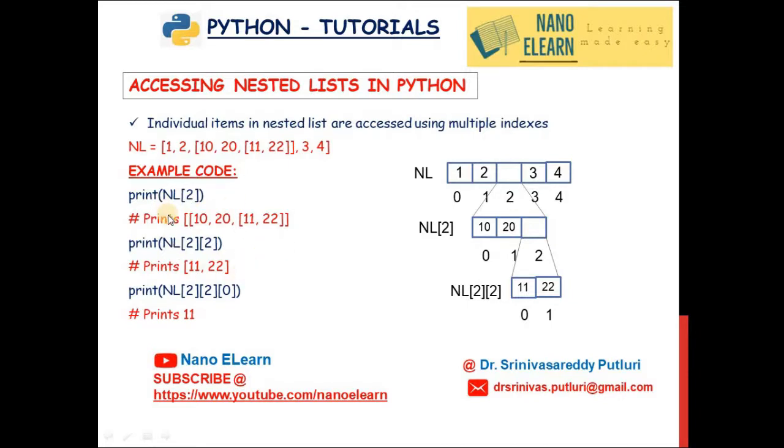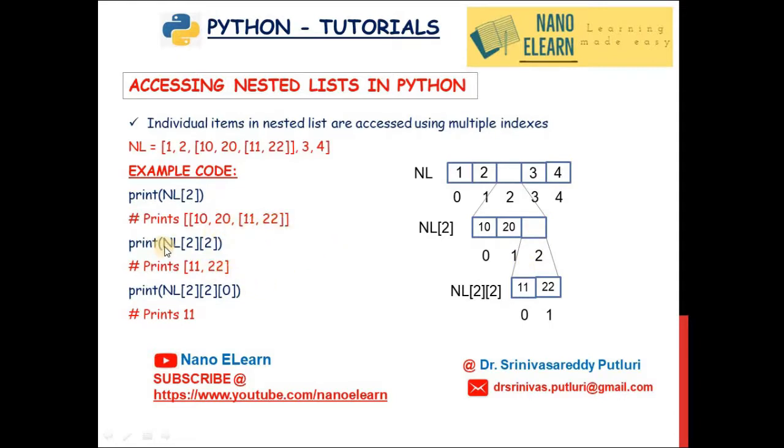Below is the example code. The example code helps to understand how to print different values at different positions from the above nested list. The first print function, NL of index 2, is used to print the value that is present at the index position 2. At the second position we have the values 10, 20, 11 and 12.